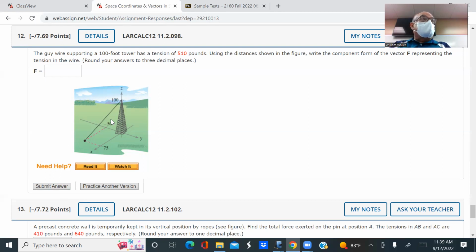The debate here is how is this force directed? The book is going to assume that the force is directed toward the ground. If you were writing the vector so that the force is directed up, which is reasonable to do, you're going to get signs wrong, I think.